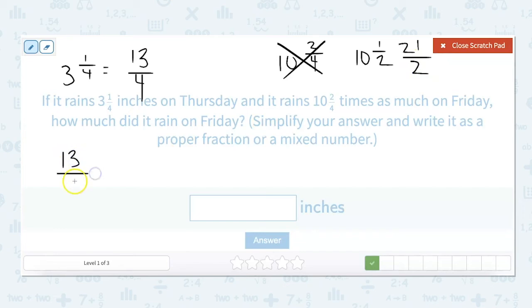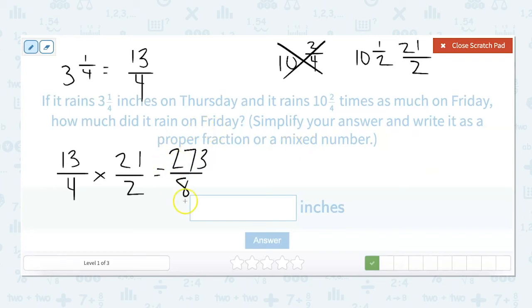So 13/4 times 21 halves equals, so 4 times 2 is 8, 13 times 21 is 273.